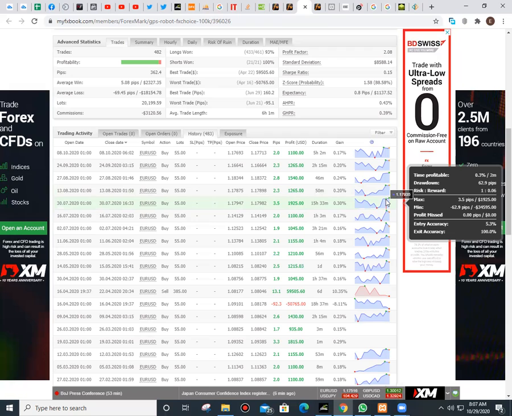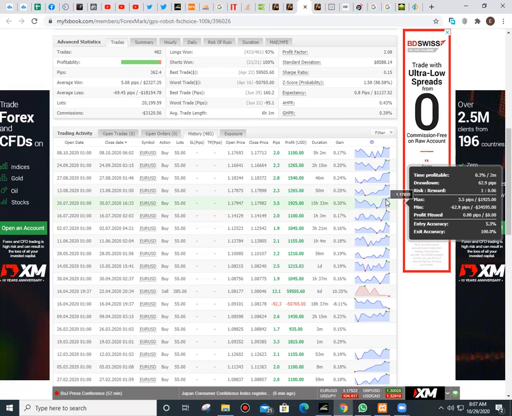What does that tell you? 15 hours, 31 minutes, the account was in losses. After the 2 minutes elapsed, he exited from the market. 15 hours, 33 minutes, 3.5 pips, you can see the amount he got.